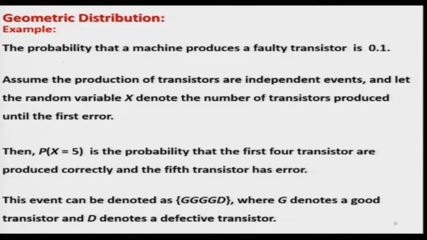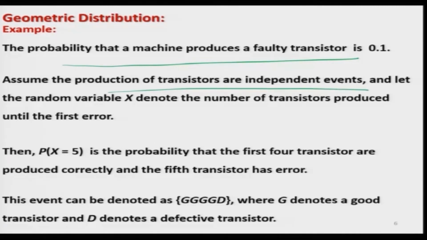Suppose the probability that a machine produces a faulty transistor is 0.1, and assume the productions of transistors are independent, and let the random variable X denote the number of transistors produced until the first error occurs.